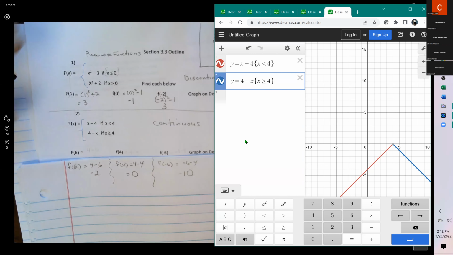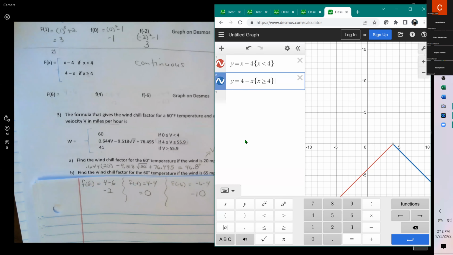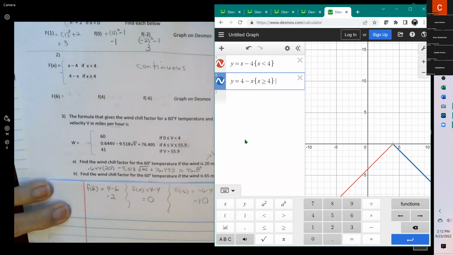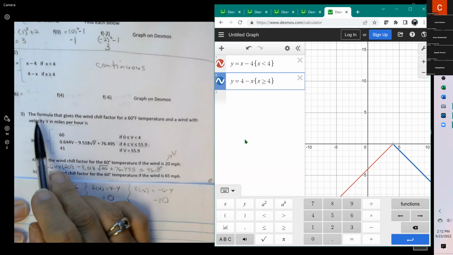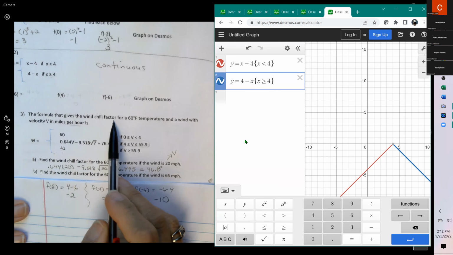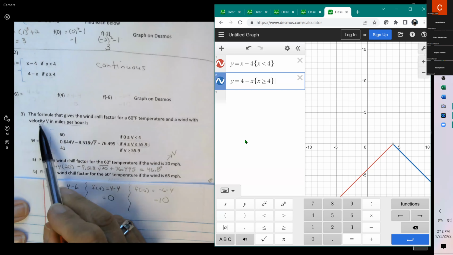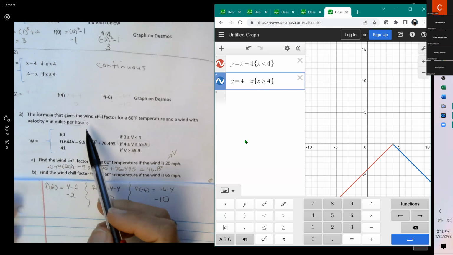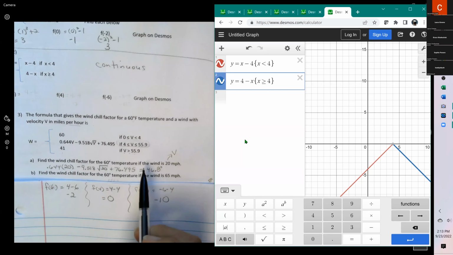Okay. Try a story problem. The formula that gives the wind chill factor for a 60-degree Fahrenheit temperature and a wind velocity V in miles per hour. So they have a formula and you see what temperature it is, and then the wind will make it feel warmer or cooler depending on what temperature it is.